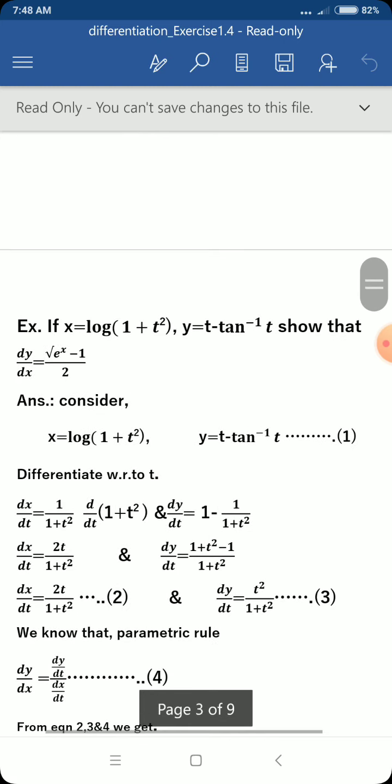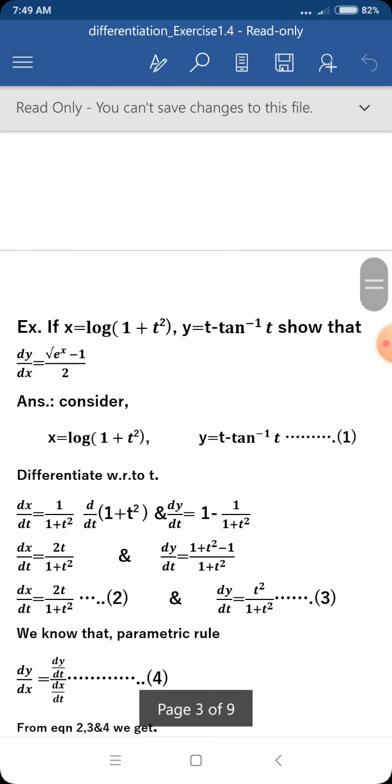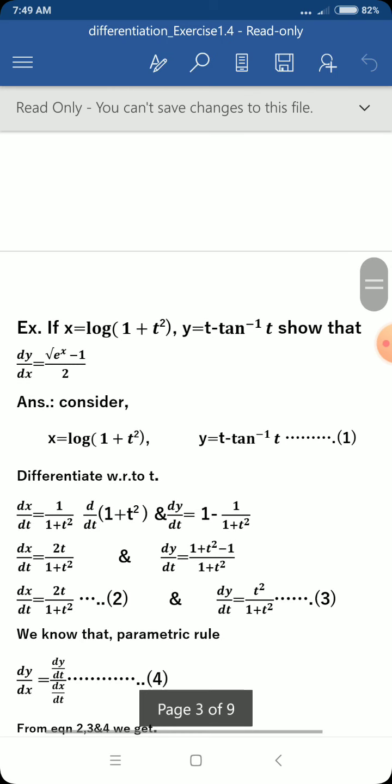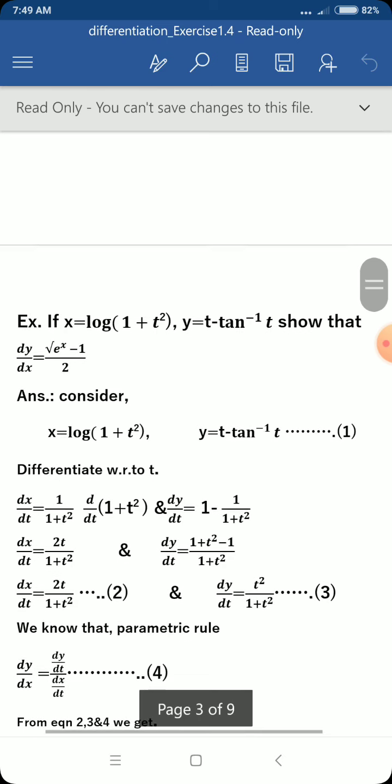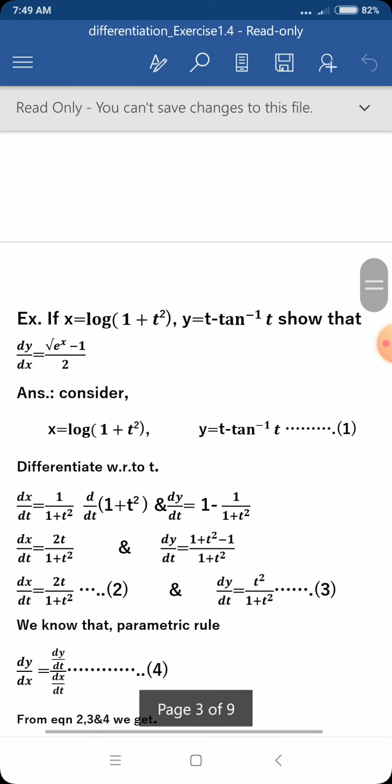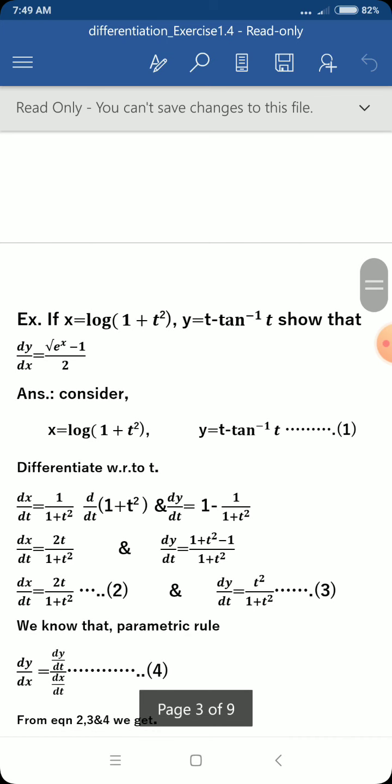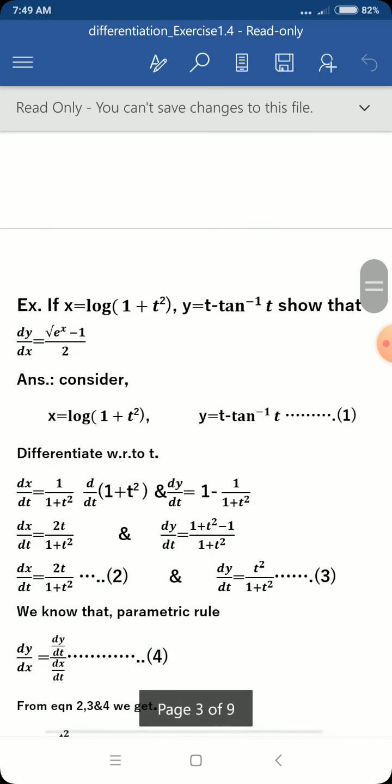This is the answer for second example. Now we see another type of example.